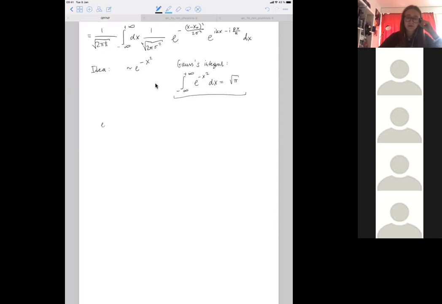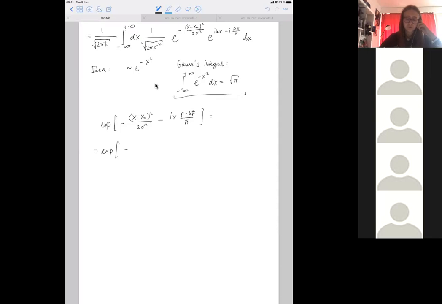then you immediately have to think about Gauss's integral. And here what we have in the exponential is sigma squared plus, let me write it like this, minus i x p minus h bar k over h bar.